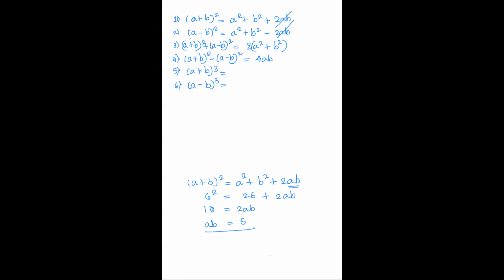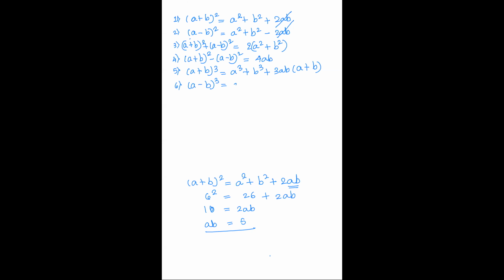a plus b the whole cube is a cube plus b cube plus 3ab into a plus b. And if you have to get a minus b the whole cube, all the terms would remain the same. But सारे जितने भी connecting signs है ना, वो सब minus हो जाएंगे.